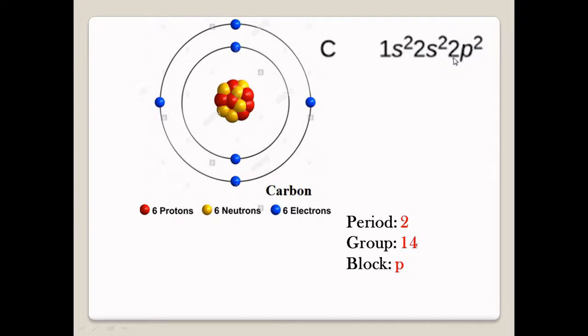So this 2 indicates the period number 2, this p indicates the block number p, and this 2 and 2, that is 4 electrons in the second shell, indicates it is group number 14. So when there is a p block element, we have to add 2 plus 2 plus 10, so it is a group 14 element.